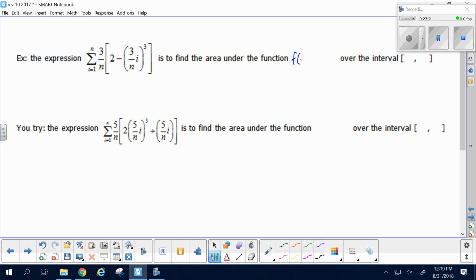There's no name for it, I'll just call it f, but 2 minus x squared. Over what interval? Okay, over what interval? 0 to 3, yes. Okay, 0 to 3, excellent.